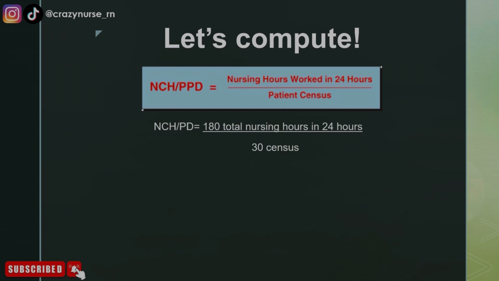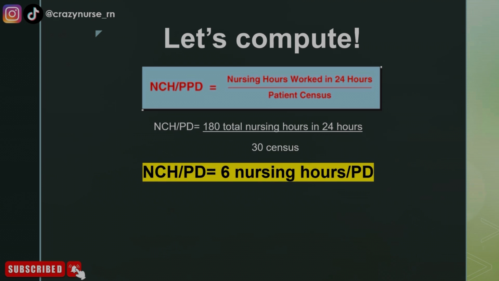These are the figures that we have established from our table. We have 180 total nursing hours in 24 hours for 15 staff over 30 census. So the answer here is 6 nursing hours per patient day.